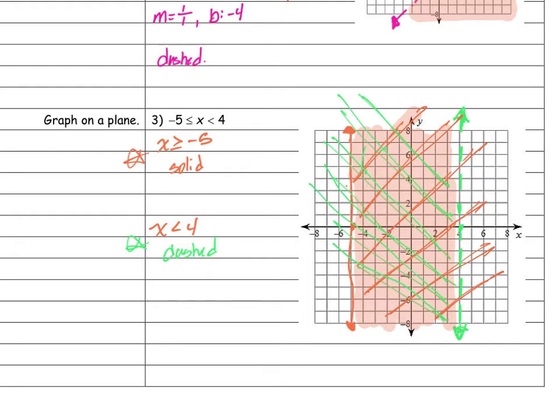This section here is only the green lines. And this section here is only the orange lines. And if you look at the middle section, it is the green and the orange lines. So where the lines overlap, that's the answer I want to shade in. Did that answer your question, Kim? Yeah, thank you. You're welcome. Okay.